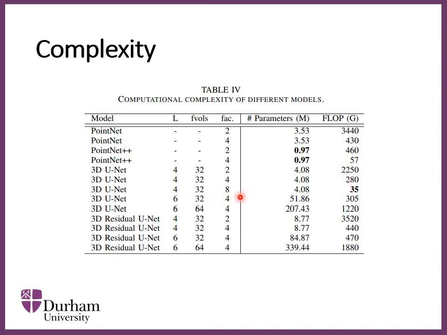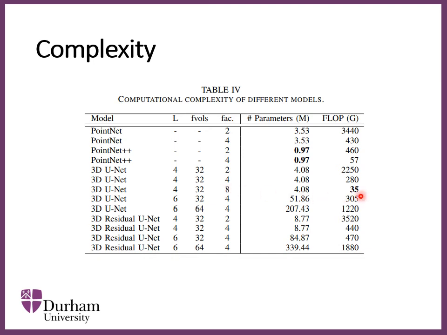And for 3D UNet, when the number of levels is not very high, when it is equal to 4, the number of parameters is not that high, and also the flops is acceptable, as we can see here, when the sampling factor is 8.